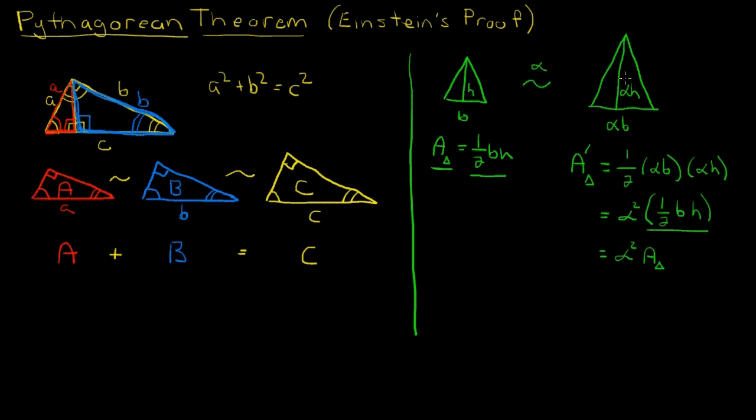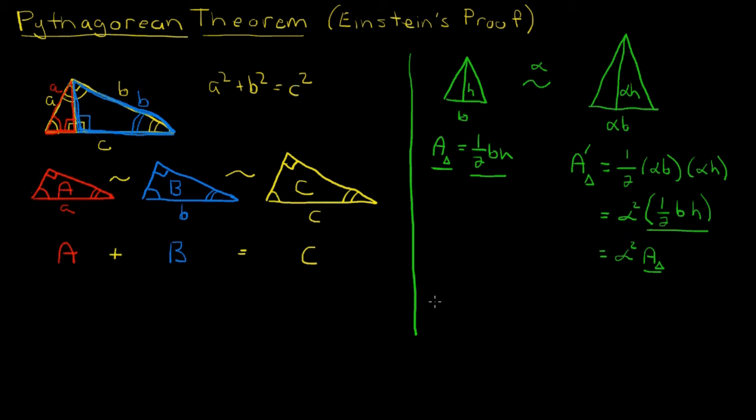Our units are whatever this area happens to be. Not square meters, not square centimeters, but A sub triangle. That's our unit. So our area scales as alpha squared. Again, linearly, the lengths scale with alpha, but the area scales with alpha squared.